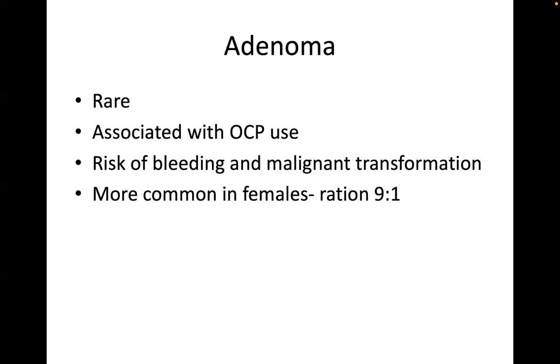And most importantly, when you see adenomas in females, you look at the size, and if they are more than 5 centimeters, it's always recommended that they get operated because they can become malignant. In men, no matter the size, if adenomas are seen and diagnosed, they should be operated because there is a high risk of malignant transformation in males as compared to females.